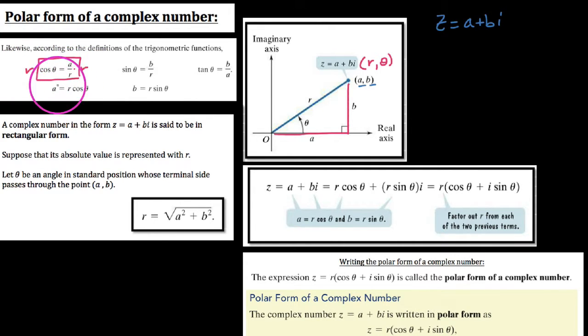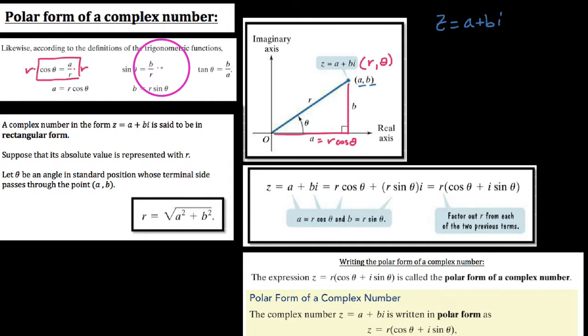And so what we've seen in the past, except with x, we're seeing now with a: this x distance here is the same thing as r cosine of theta. And likewise, if we were to set up our sine relationship to relate r and theta to a and b, the sine of this angle would be opposite over hypotenuse, or in this case, the imaginary part of our complex number, our y kind of value, over r.